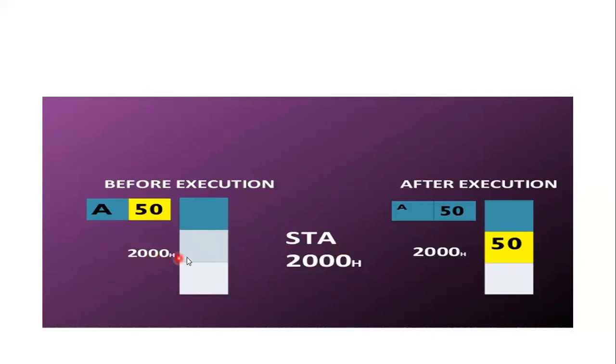So the 2000 address, then accumulator A has the value 50. So STA 2000, this value is stored at the location 2000.